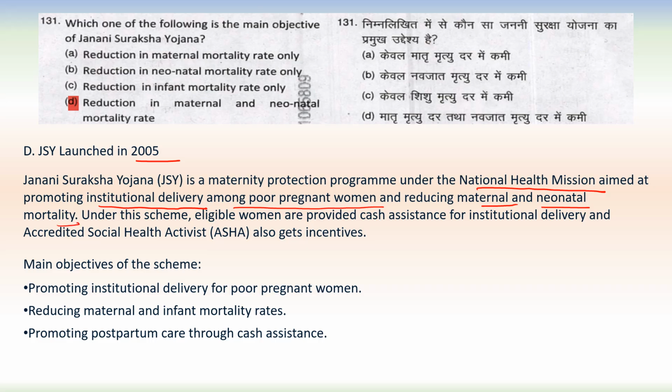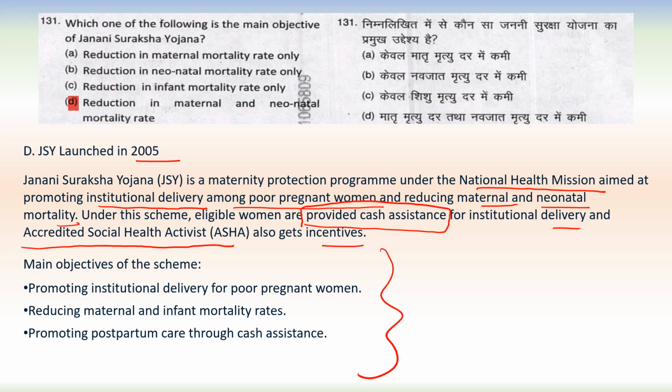Under this scheme, eligible women are provided cash assistance for institutional delivery, and the accredited social health activist, that is the ASHA worker, also gets an incentive for institutional delivery.